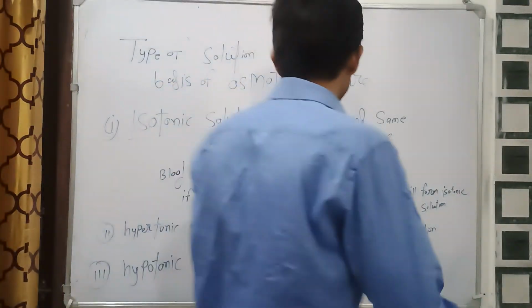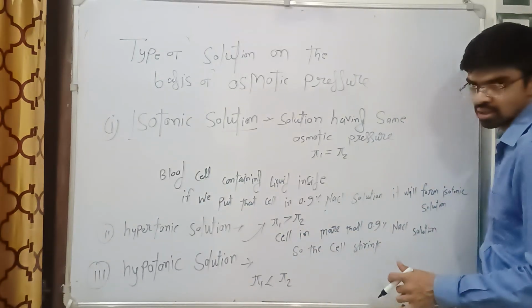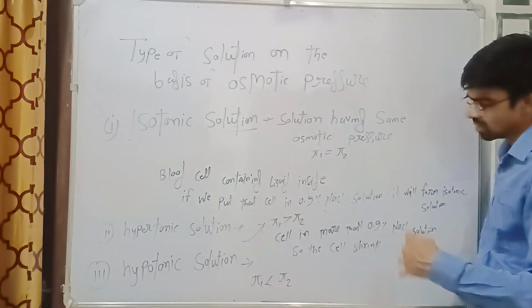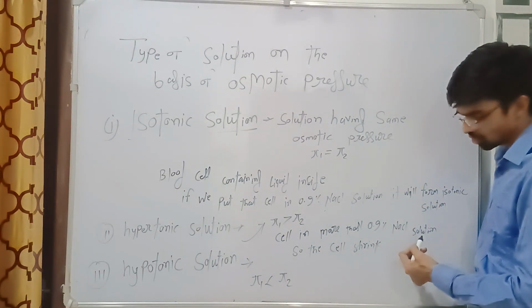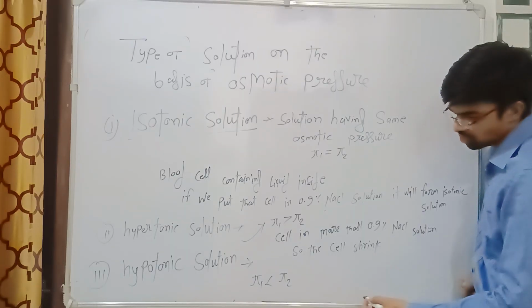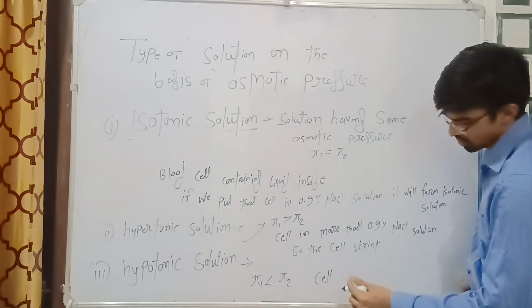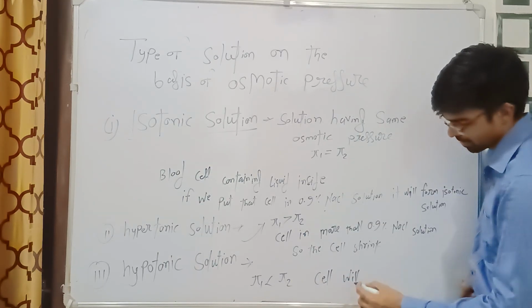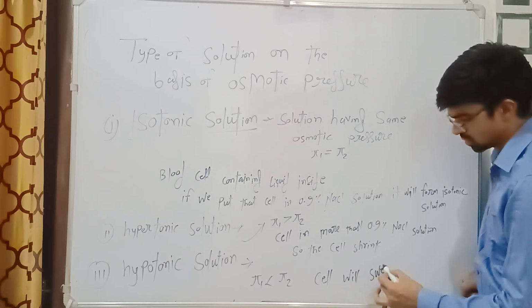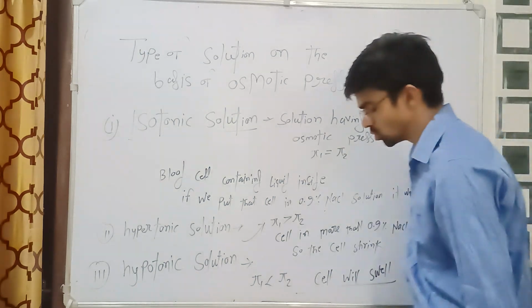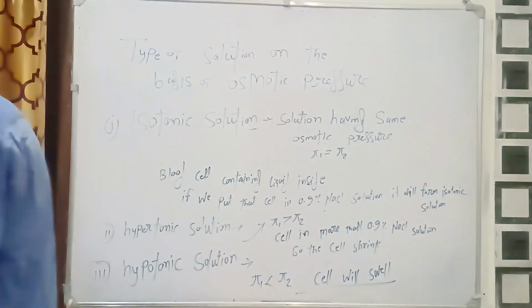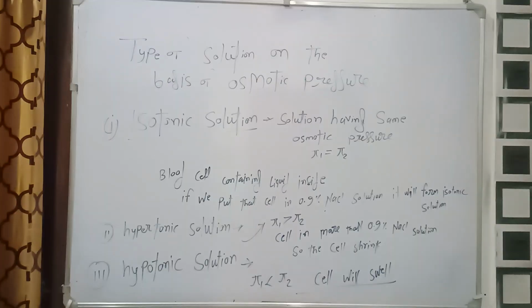Again we can take the example. If we put that cell in a solution lower than 0.9% NaCl, the cell will swell. That is, the solvent molecules from the NaCl solution will move toward the cell and the cell will swell.